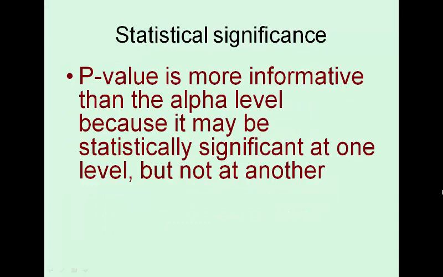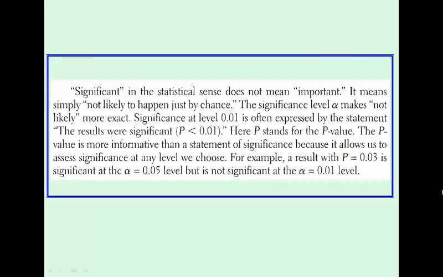Statistical significance. The p-value is more informative than the alpha level because it may be statistically significant at one level, but not at another. So suppose that you have 3%. So this particular paragraph here says, significant in the statistical sense does not mean important. Okay? It means that it's simply not likely to happen by chance.